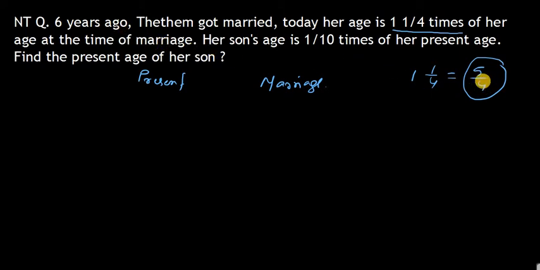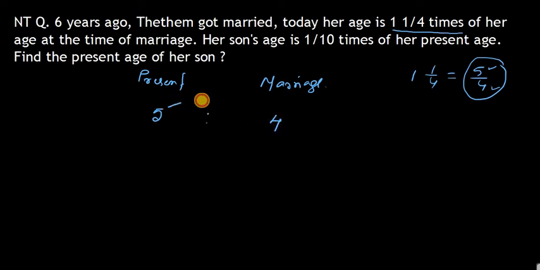So the present is 5 units and her age at the time of marriage is 4 units. Today her age is 1 by 4 times of her age at the time of marriage. So 5 is the present age and 4 is the age at marriage.